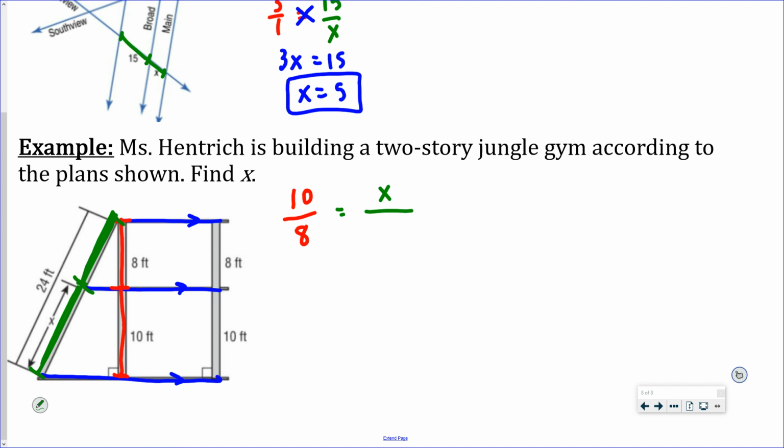What's this, Lane? Nice, Lauren. 24 minus x. I'm impressed. 24 minus x, right? If that whole thing's 24, this would be 24 minus x. Okay, before you cross multiply, reduce the ratio if you want. Cross multiply.